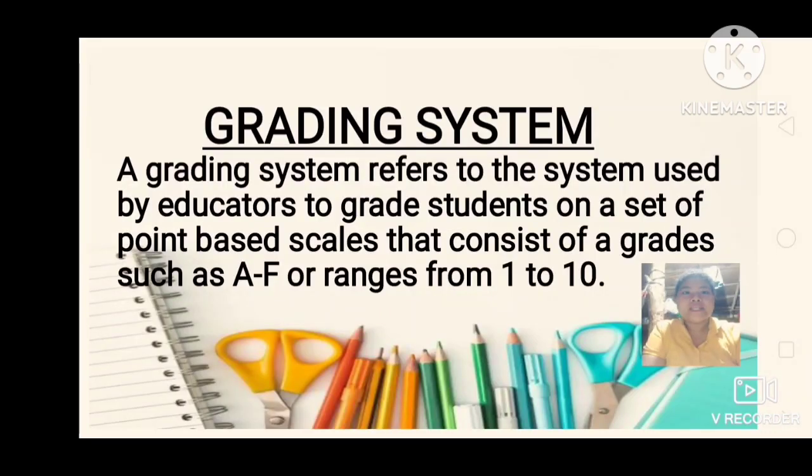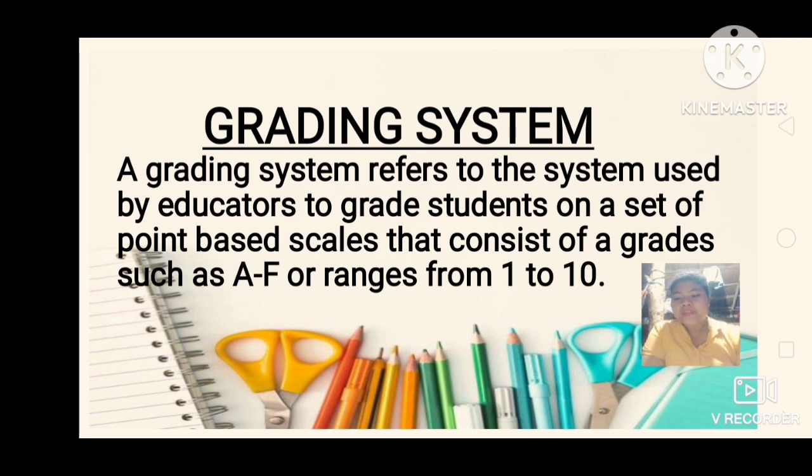What is a grading system? A grading system refers to the system used by educators to grade students on a set of point-based scales that consist of grades such as A to F or ranges from 1 to 10. Generally, letters and numbers are used to describe the grades of students, and marks and percentages are the only methods for assessing their performance.